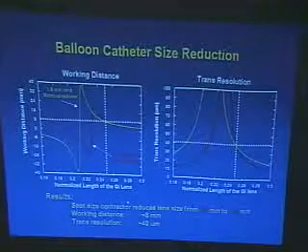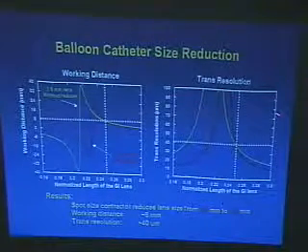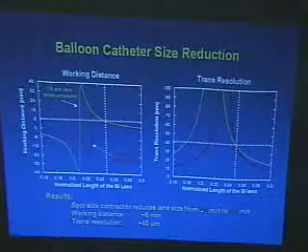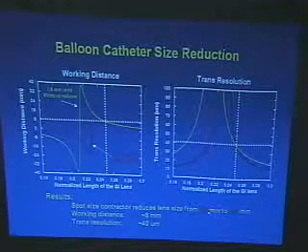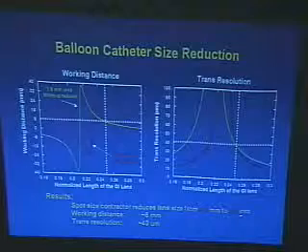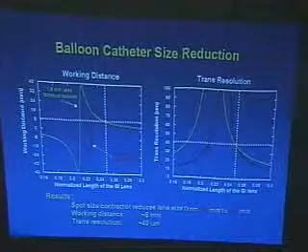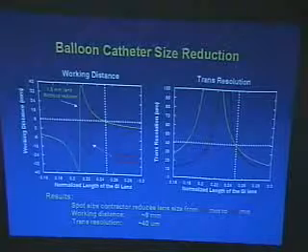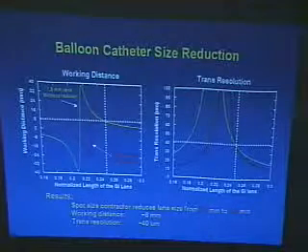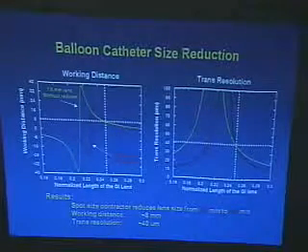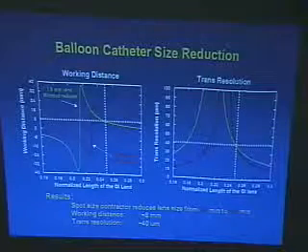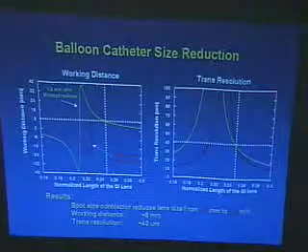The bottom line is that by doing this kind of trick, we can reduce the catheter size from 1.8 to 1.0 millimeter, and the working distance, meaning the focal point of the beam, is about 8 millimeter away. That's about the radius of the esophagus. And the transverse resolution will not be compromised. For example, we can still achieve about 40 micron transverse resolution.